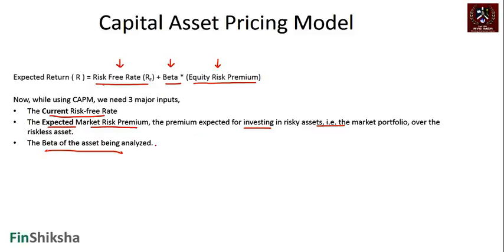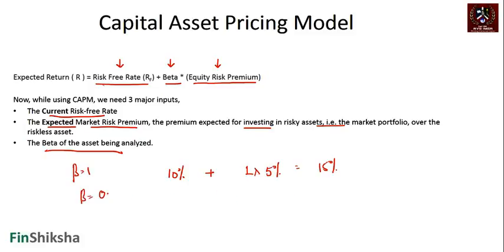Simplistically speaking, say the risk-free rate is 10% and the equity risk premium is 5%, just for argument's sake. A stock which has a beta of 1 will give us 15%. We are expecting a 15% return there.